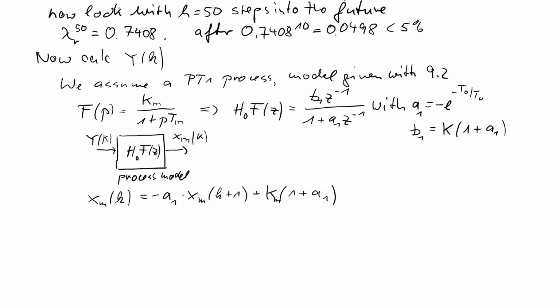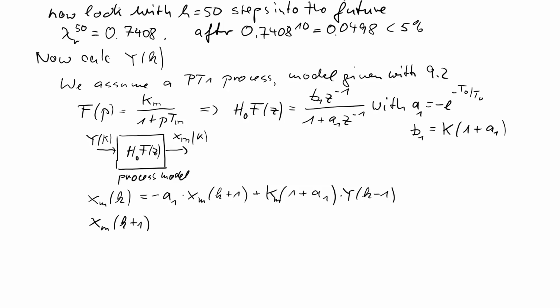This is the process model km, times input value one step before, y of k minus 1. This is the model output in the actual time point k, and now the predictions come.